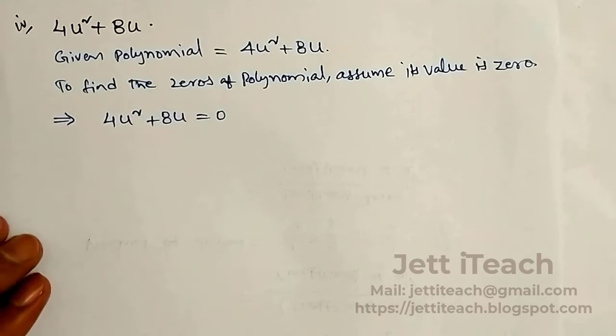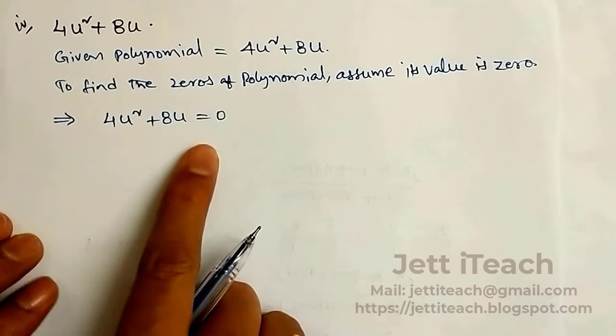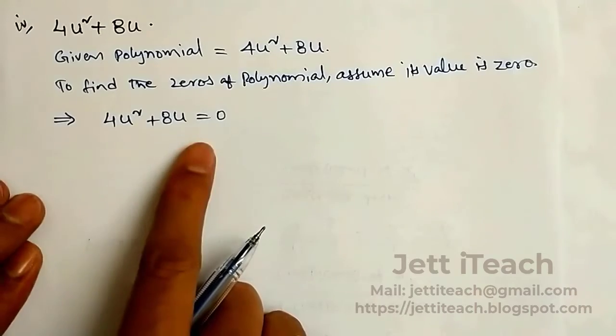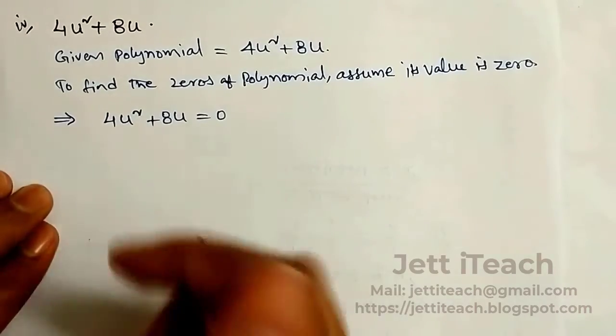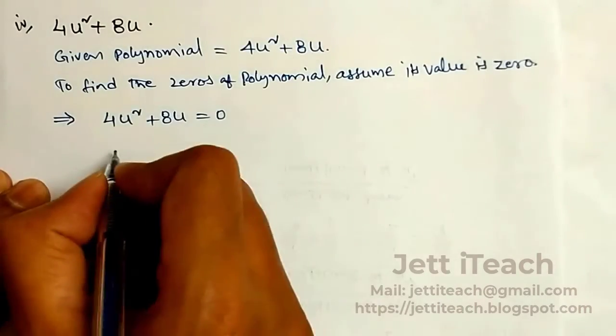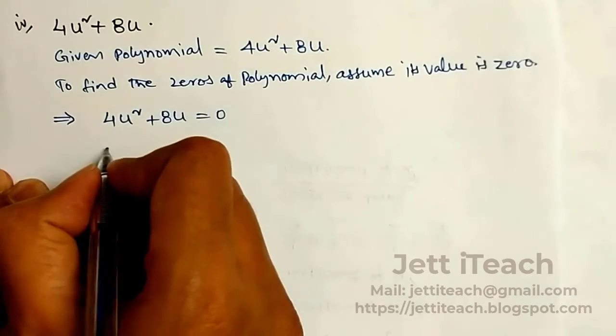If you observe this one, we don't have any constant term. Straight away you can split it. So 4u is common.